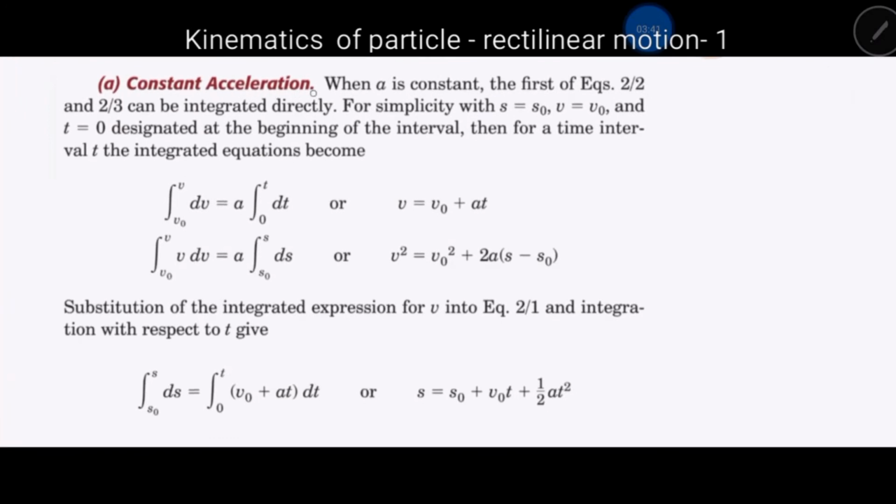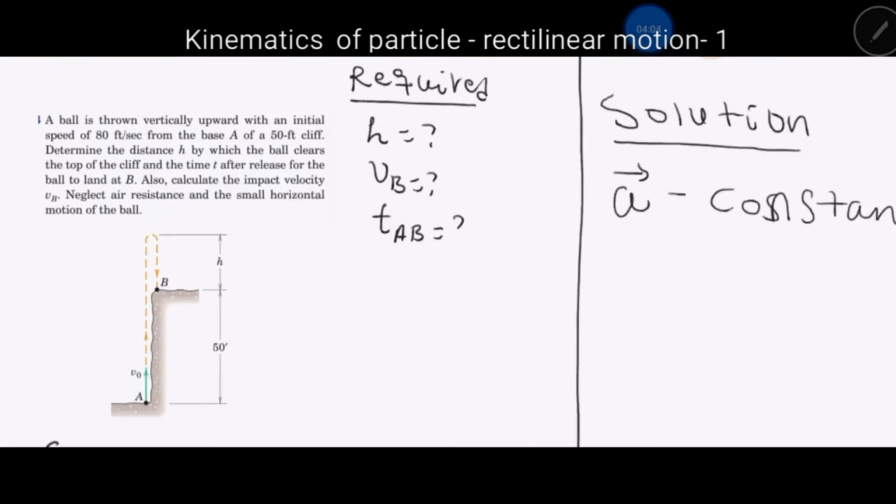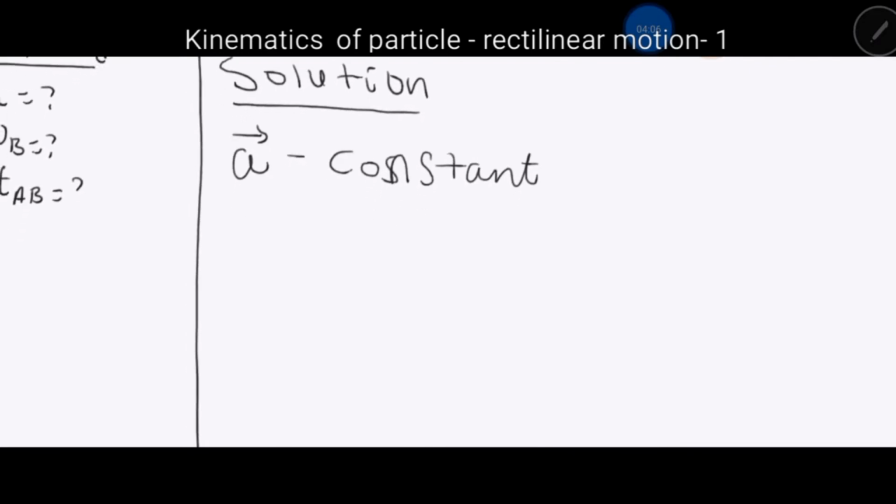Now, for the principles of constant acceleration, we can apply these simple equations. Let's call them equation 1, equation 2, and equation 3. Now let's apply these formulas to calculate the given parameters.